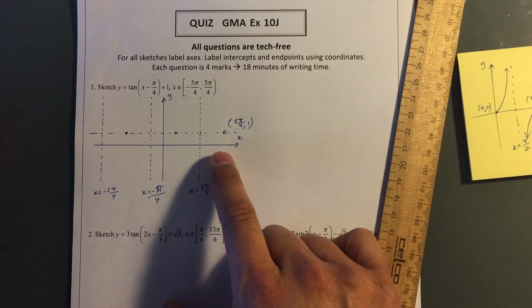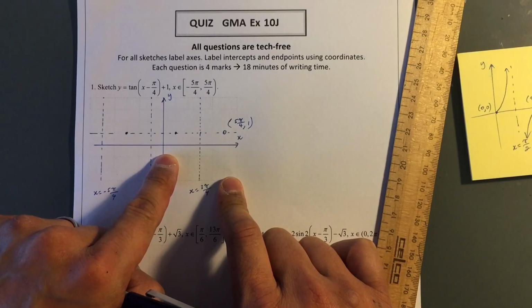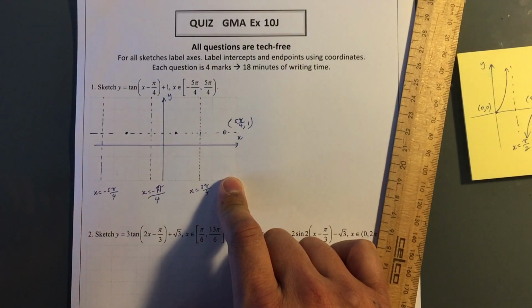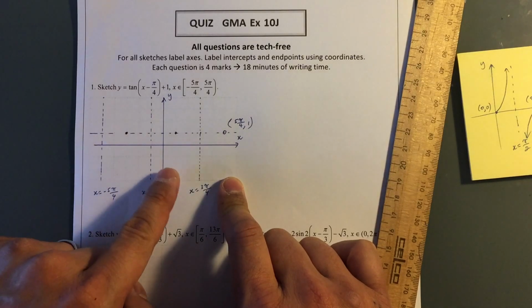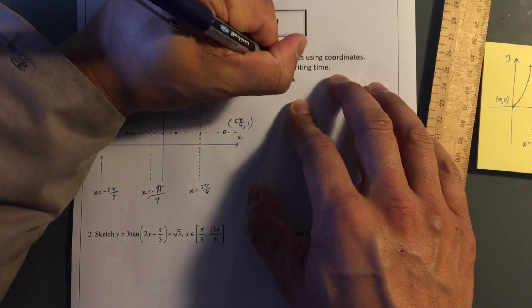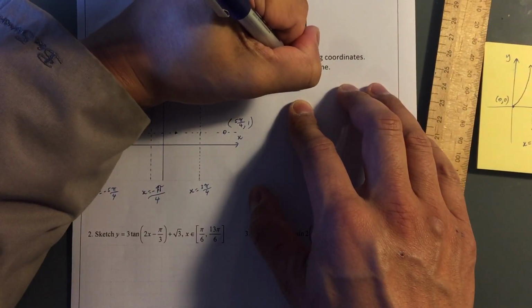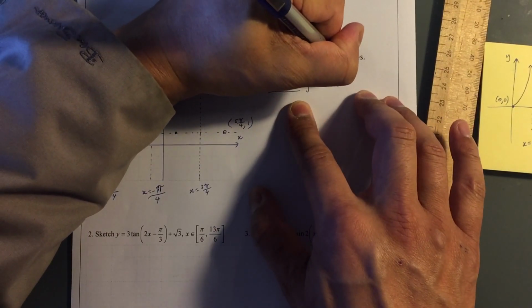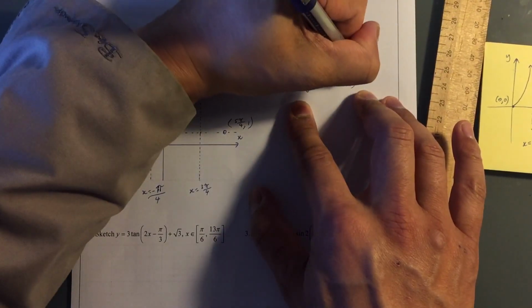The last thing we need to look at is the y-intercept and x-intercepts. The y-intercept's always the easiest one to start with, so let's look at the y-intercept. For the y-intercept, I'm going to sub 0 into my equation, of course. I've got tan of minus pi on 4, plus 1.